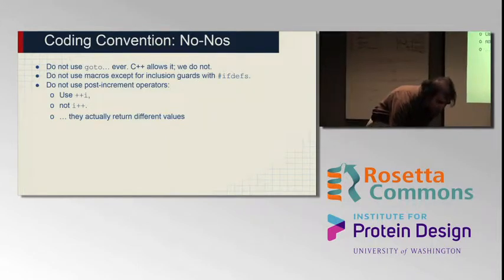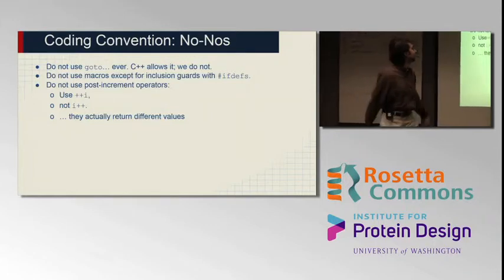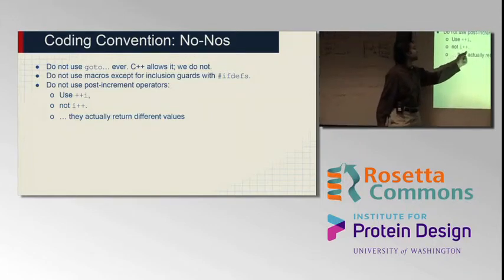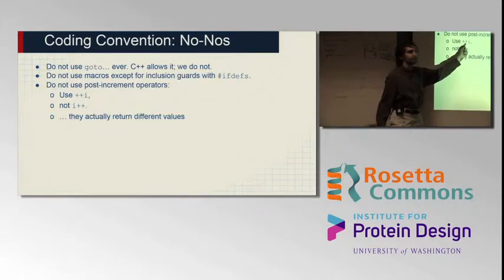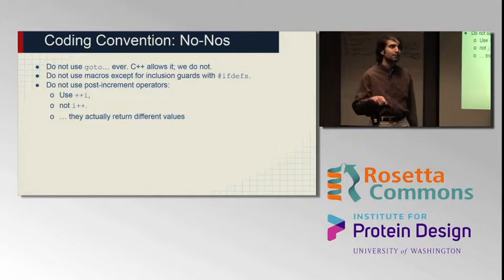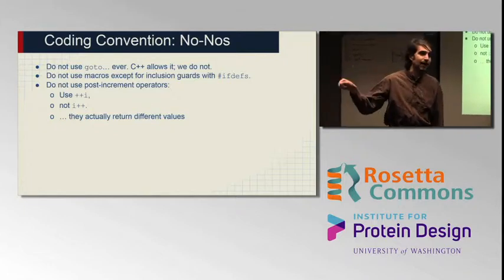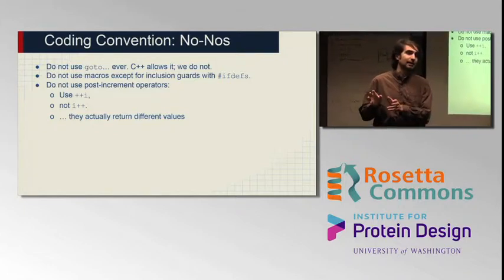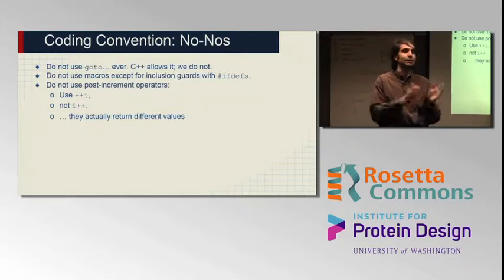Avoid macros. This is a very subtle thing, but the convention in Rosetta is to use pre-increment instead of post-increment. Pre-increment has as its return value the incremented value. Post-increment has as its return value the non-incremented value. So if I say int i equals 5, y equals plus plus i, that means increment i, so it's 6 now, and then store its value in y.